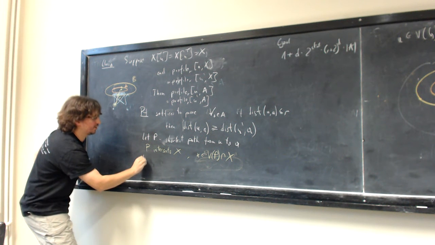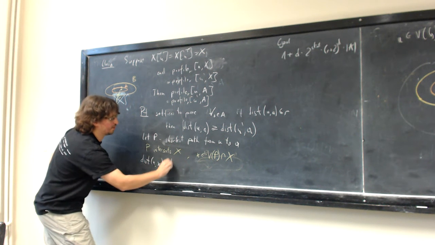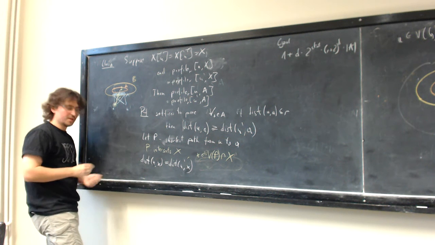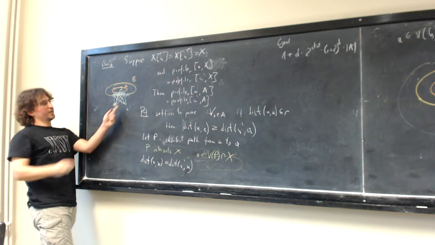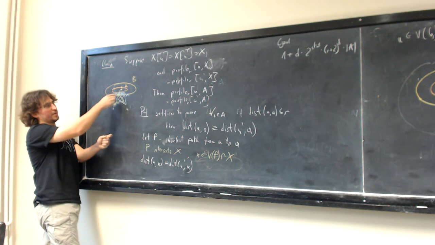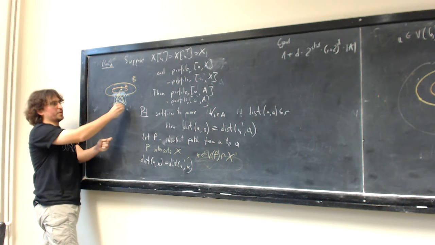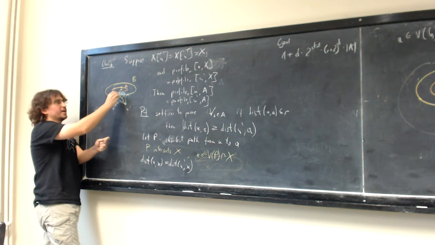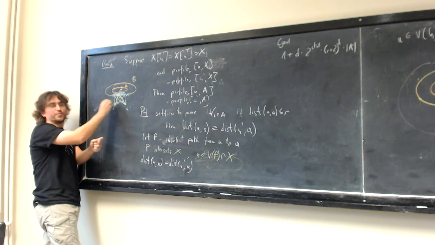So I know that the distance from U to X is the same as the distance from U prime to X. Yes? I can draw here a path from U prime to X of the same length as this path. Yeah? So now I see I can go from U prime via this thing to X and then just continue to A. And I will not get longer by this way than the original path from U.